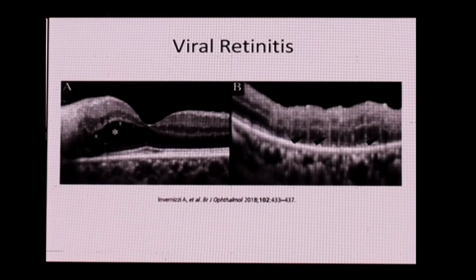In comparison, in viral retinitis you have more of an intraretinal involvement. They also mention hyperreflective vertical bands, usually seen in the outer nuclear layer, which are supposed to be the infected Muller cells. This is more commonly seen in viral retinitis than in toxo.